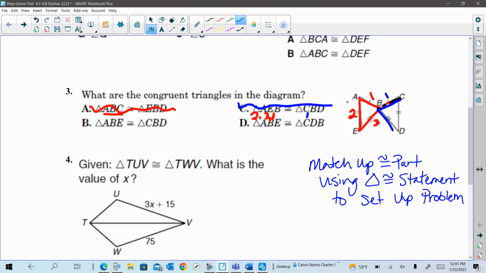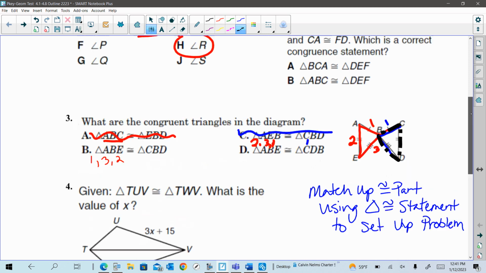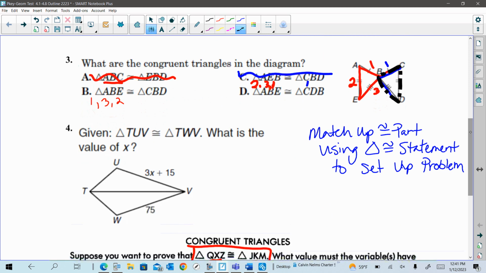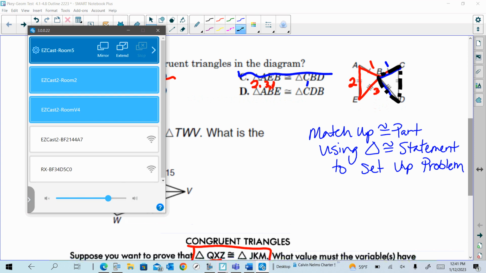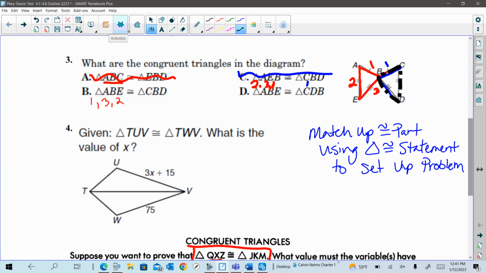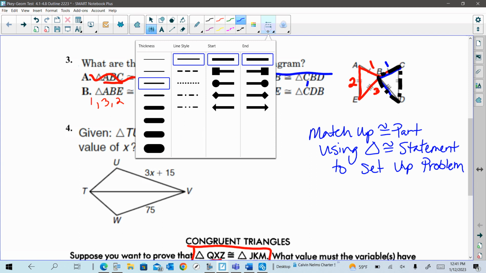So if I look at ABE, if I'm going from A to B to E, in that order, that is a 1, 3, 2. 1 tick mark, then 3 tick marks, then back to 2 to get to A. Then if I do C, B, D, like that, that follows the same pattern.